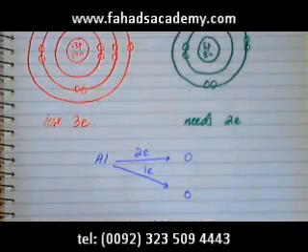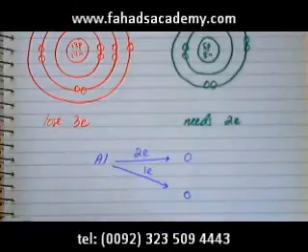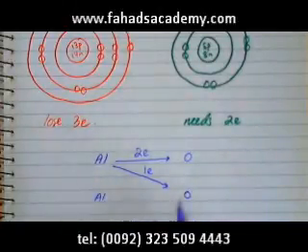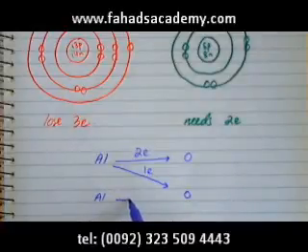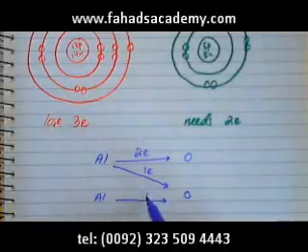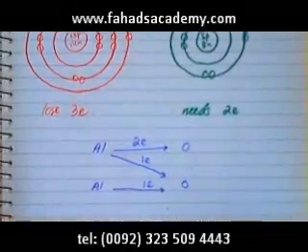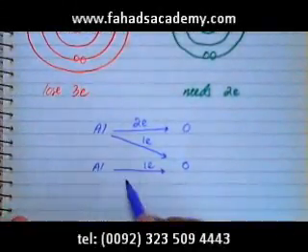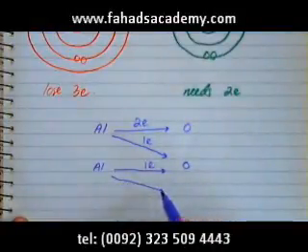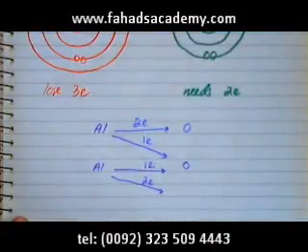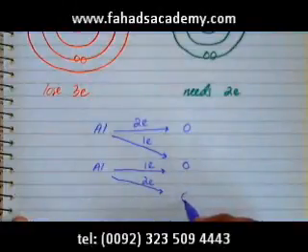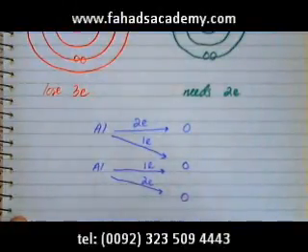That oxygen needs 2 electrons, so there should be another aluminium, and that aluminium is again going to lose 3 electrons. It's going to give 1 electron to this oxygen because it needed 1 more, and you're still left with 2 electrons coming from aluminium. For those 2 electrons, you would have another oxygen that's going to gain 2 electrons.